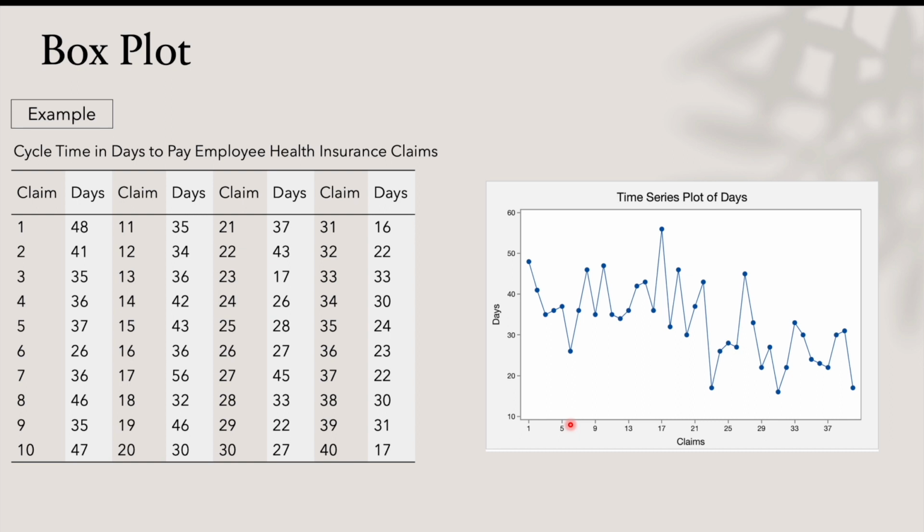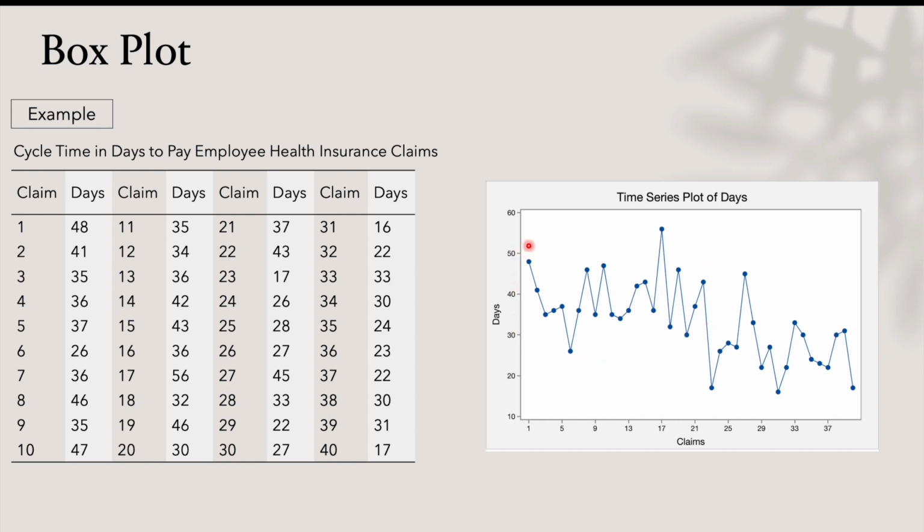On this one we can immediately see that the first 20 or 21 applications took much longer to complete. The first half of the applications had a much longer cycle time.